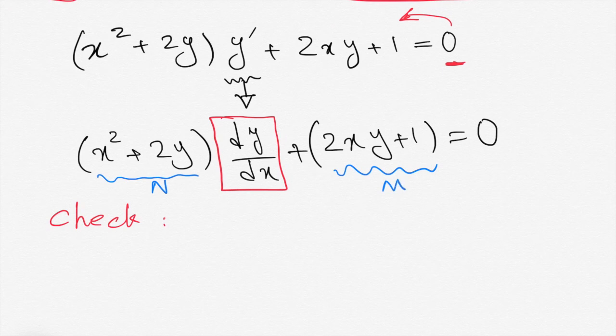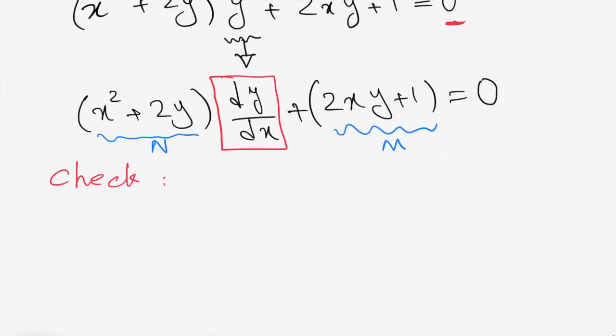This is just the naming, but for the sake of consistency, it is exact if and only if the partial derivative of m with respect to y is equal to the partial derivative of n with respect to x, right? So we should check it.